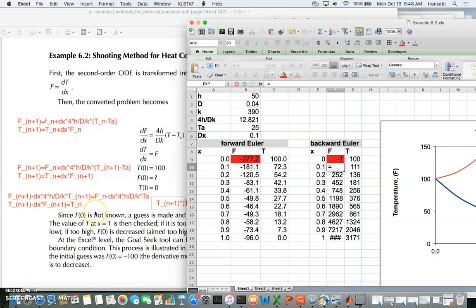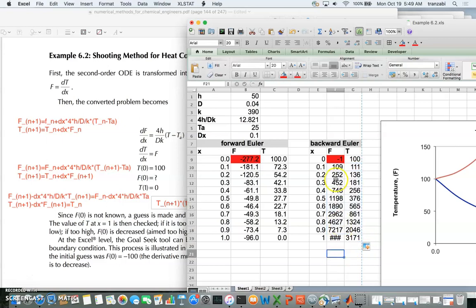This is going to be Tn plus 1 minus Tn, right? And then divide by dx, which is this one. I'm going to freeze the indices. Okay, so this is going to be Fn plus 1. And the rest is you just highlight these two and drag down, and that's what you get.